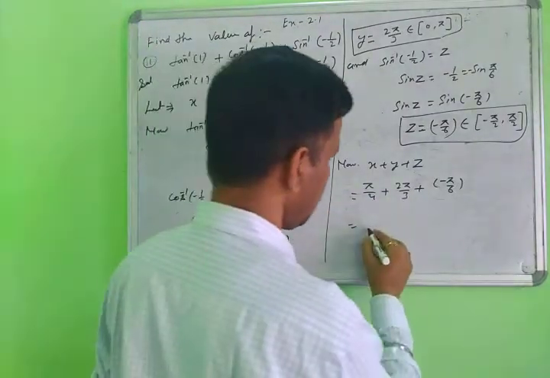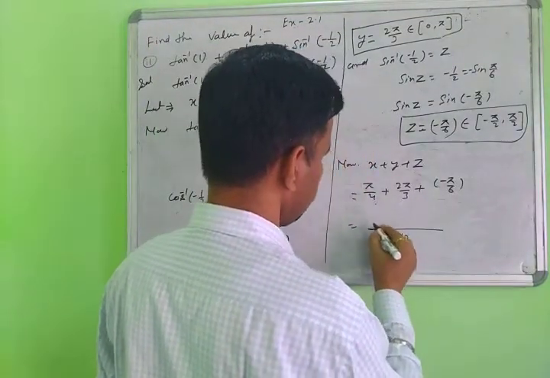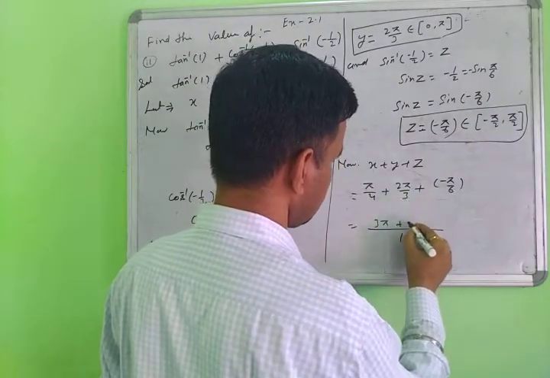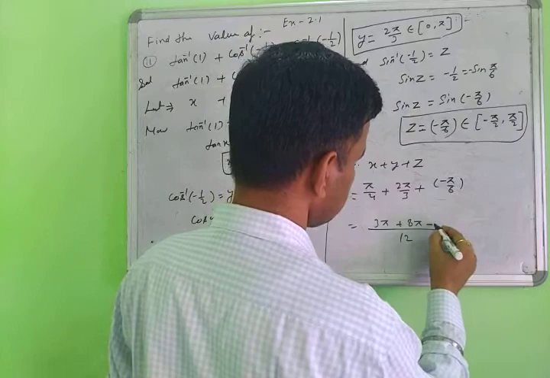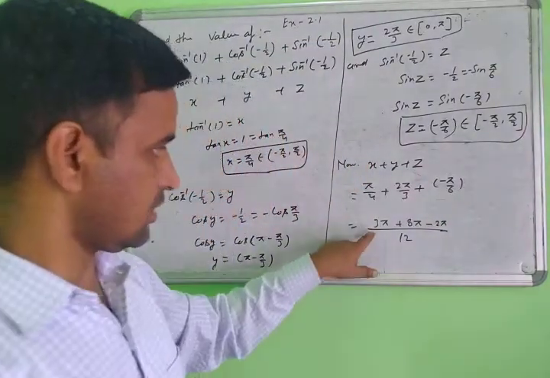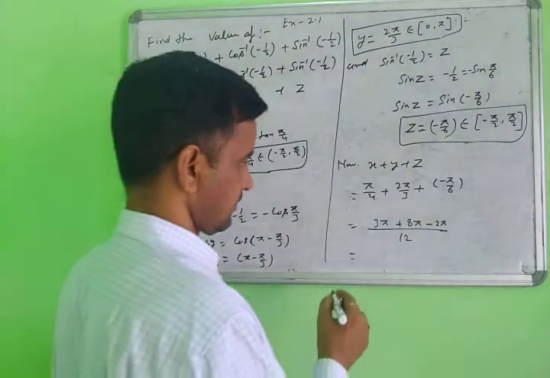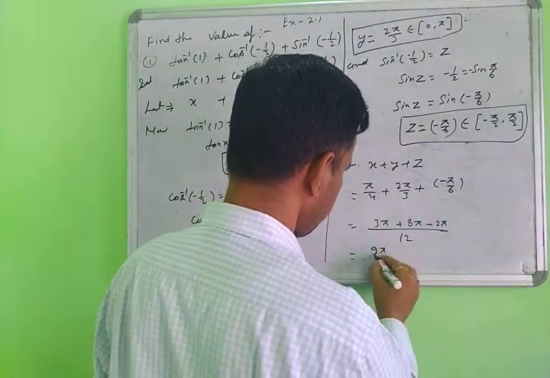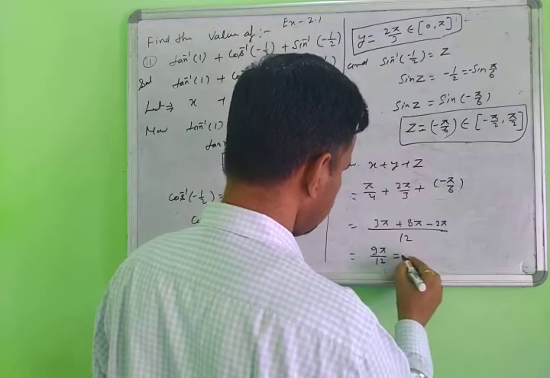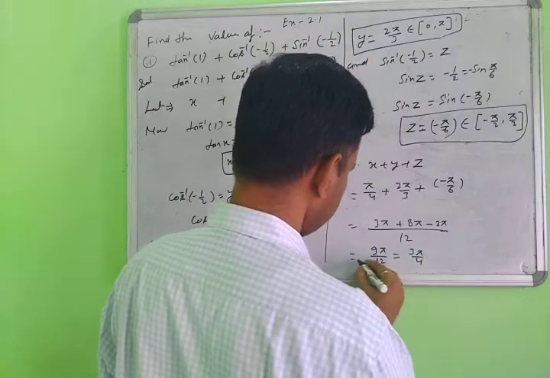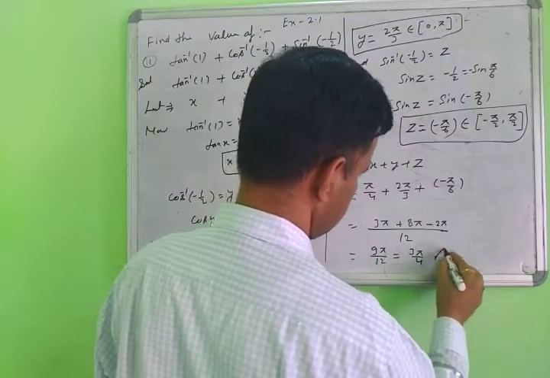LCM here is 12. 4 times 3 is 12, so 3 pi, plus 3 times 4 is 12, so 8 pi, and 6 times 2 is 12, so minus 2 pi. 3 plus 8 is 11, minus 2 is 9. So 9 pi by 12. Simplifying, 3 times 3 is 9, 3 times 4 is 12. 3 pi upon 4. This is your final answer.